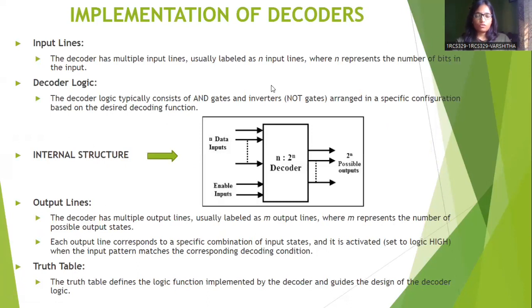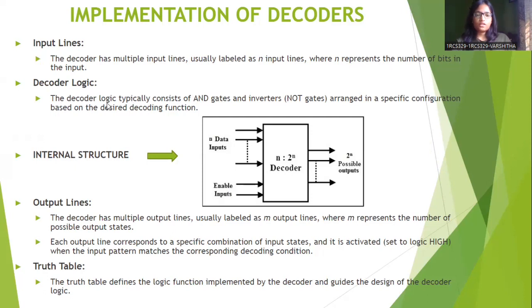Implementation of decoders: how the decoder is implemented, what are the things present in the decoder. It contains input lines, decoder logic, output lines, truth table. The input lines are given to the decoder, where we pass n input lines.